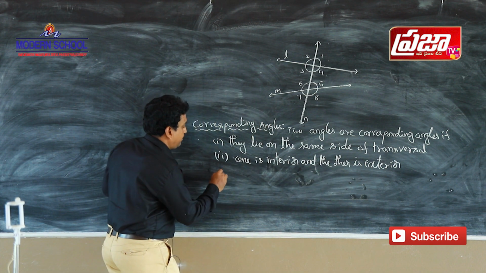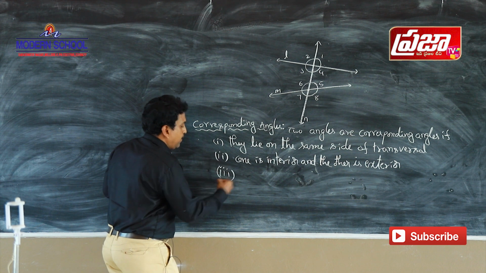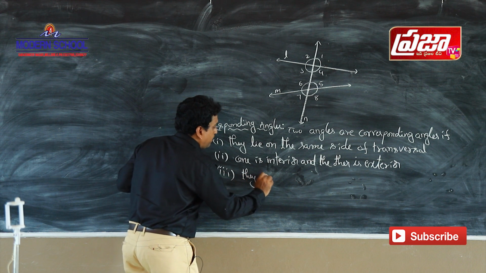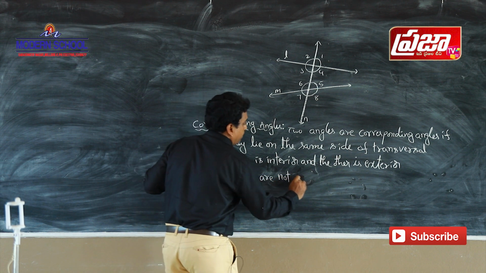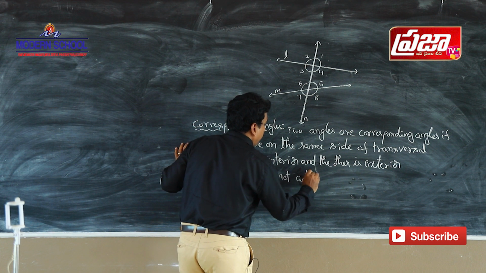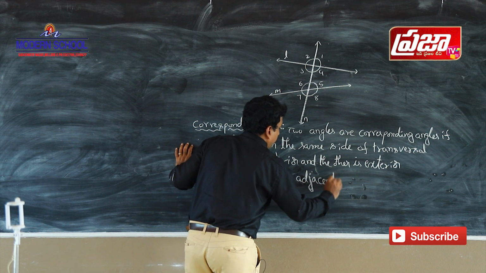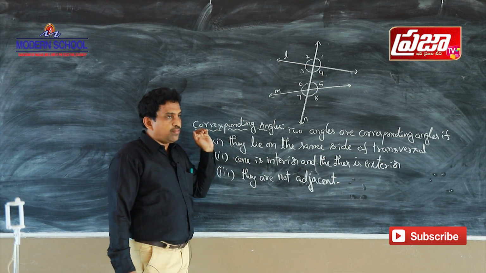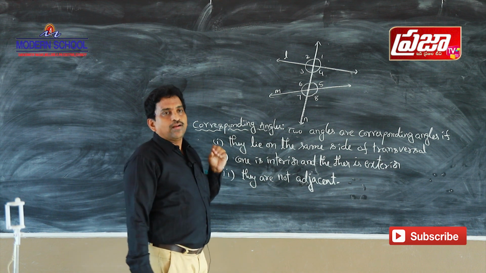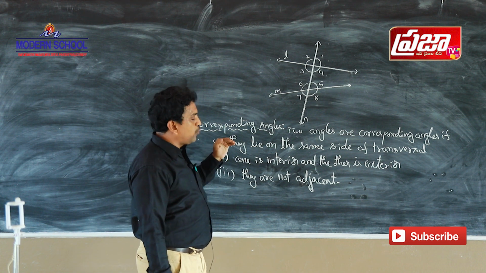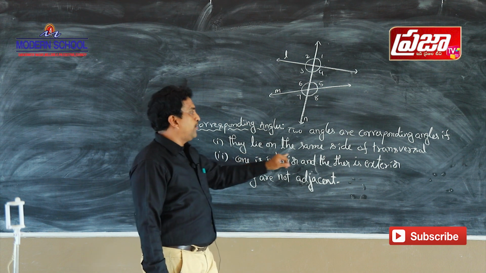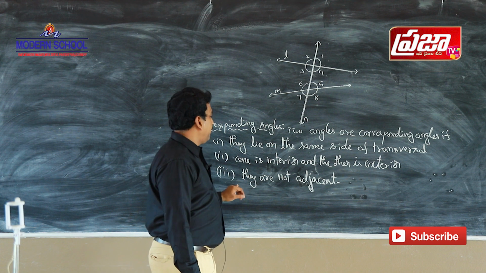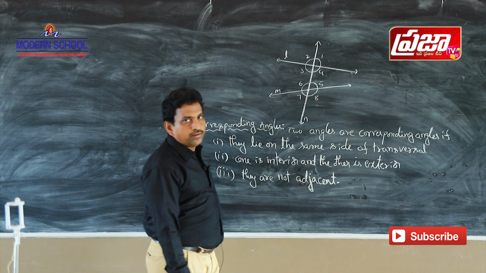And third point is both are not adjacent. So, if you observe these 3 points in angles, then you can easily recognize corresponding angles. They lie on the same side of transversal. One is interior and the other is exterior. They are not adjacent.